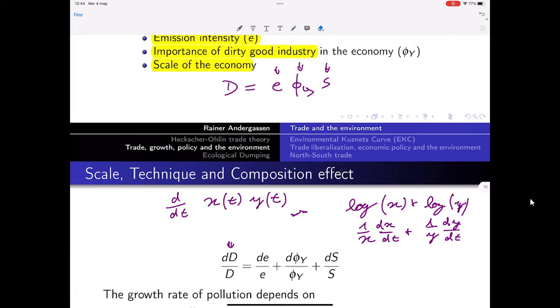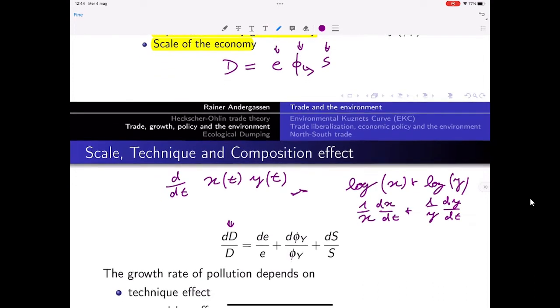Is it clear what I've been doing here? The simplest thing, again, let me repeat this, is first of all take logs and then take the time derivative.